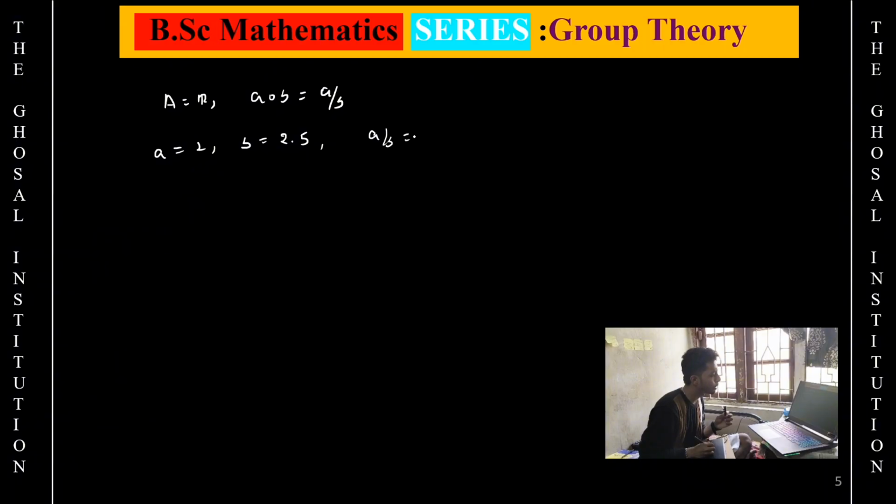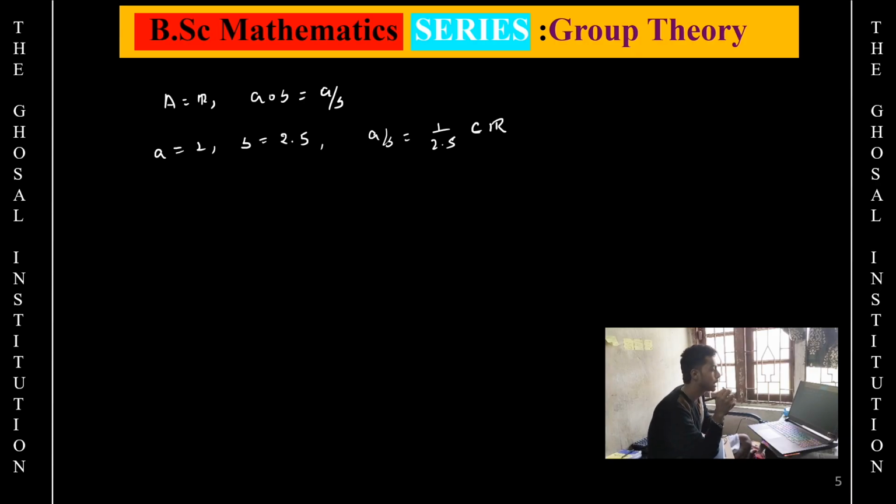What will be your A by B? That is 1 by 2.5, which is a real number, so it belongs to R. Very obvious. If you take any real numbers, you will get A by B as a real number.